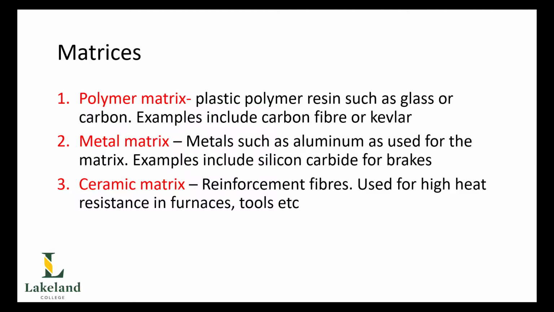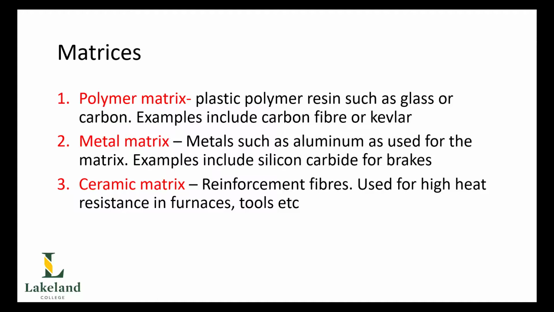Now, in terms of the matrix that holds your composite together, there are different types of matrices. These can be polymer matrices, metal matrices, or ceramic matrices. For a polymer matrix, we've just spoken about polymers. These are things like your thermosets, your thermoplastics.